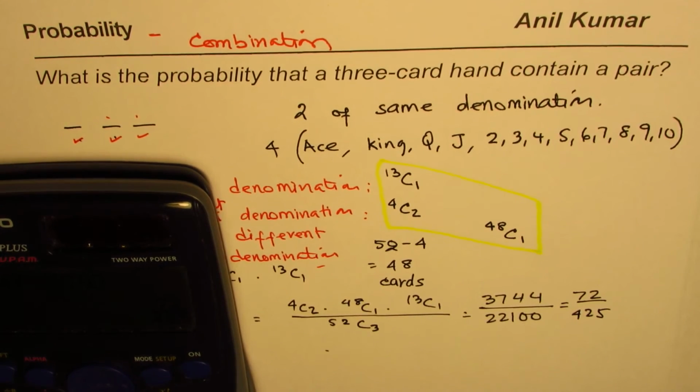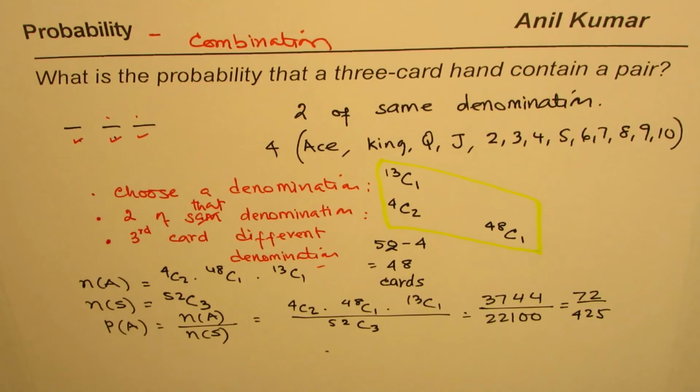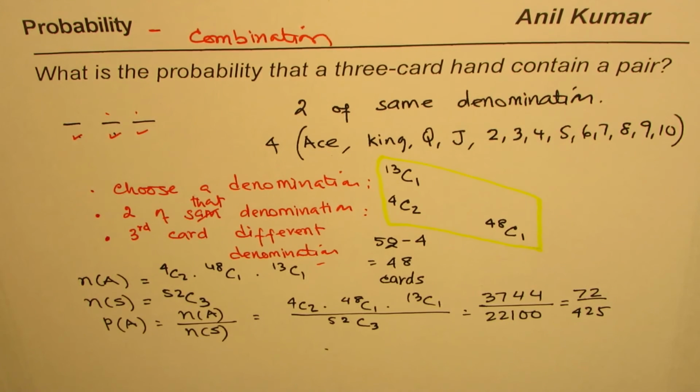Okay, so that is a simplified form in fractions. So that is the probability of getting a pair in a three-card hand.